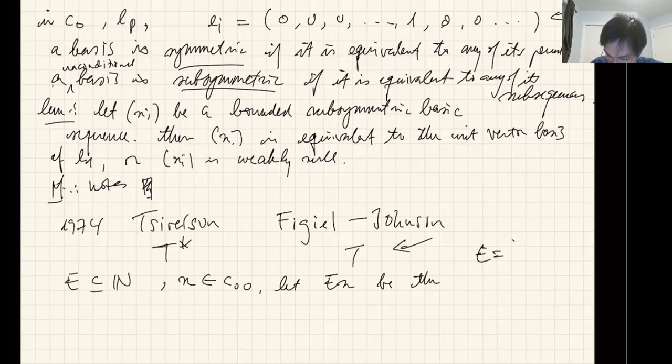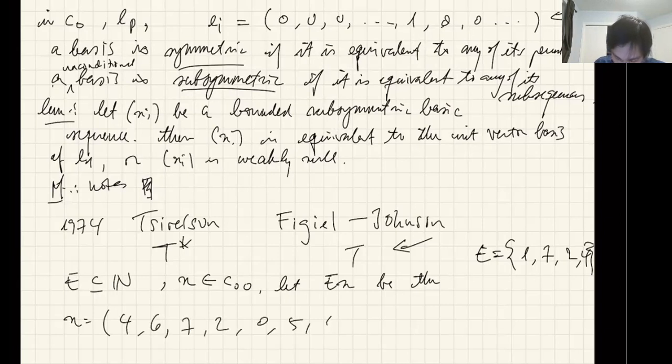Say E is equal to {1, 7, 2, 4}, not in order, and x is equal to 4, 6, 7, 2, 0, 5, 1, 3, 6, and it goes on forever. Ex is x, but you only allow the indices that are in E.